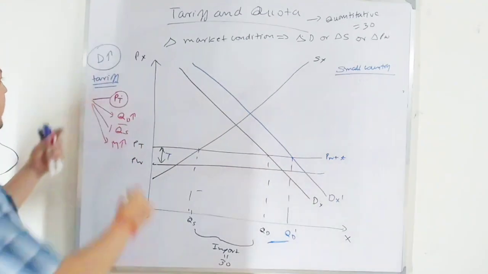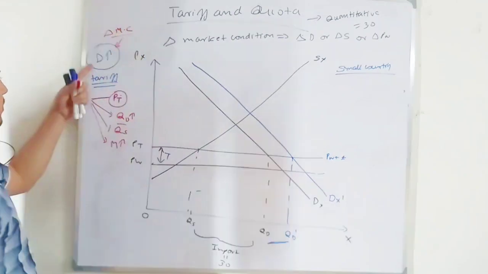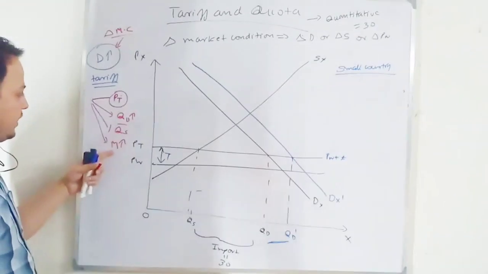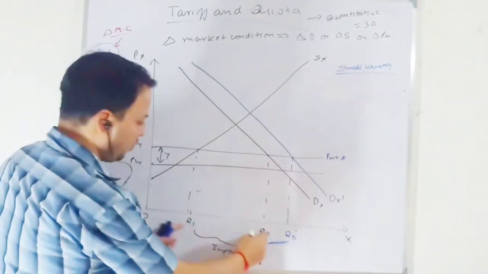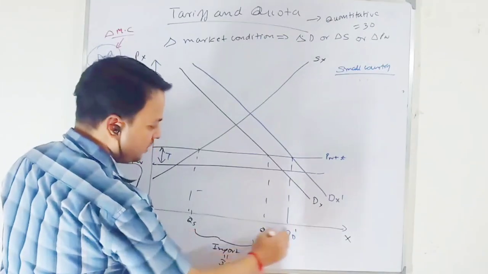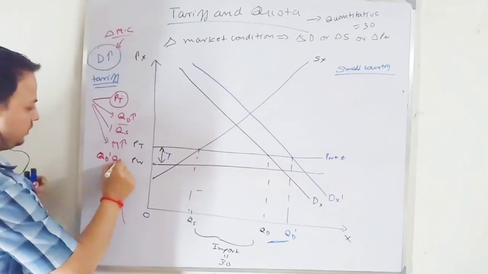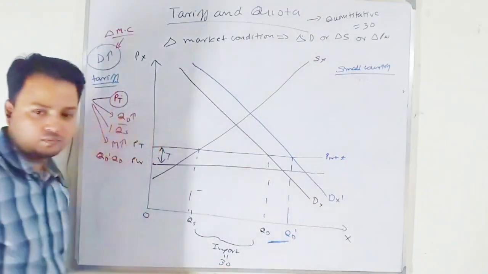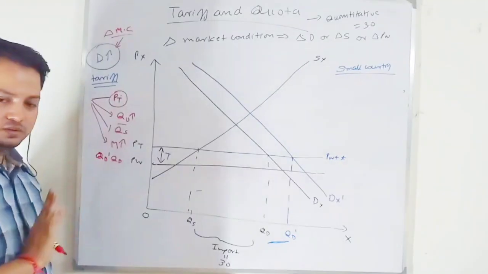So I have changed the market condition, where I have increased the demand. What is happening in case of tariff? Import is increasing from this much to this much. So import increases by how much? From QD to QD prime, this much. So tariff is not going to help here.